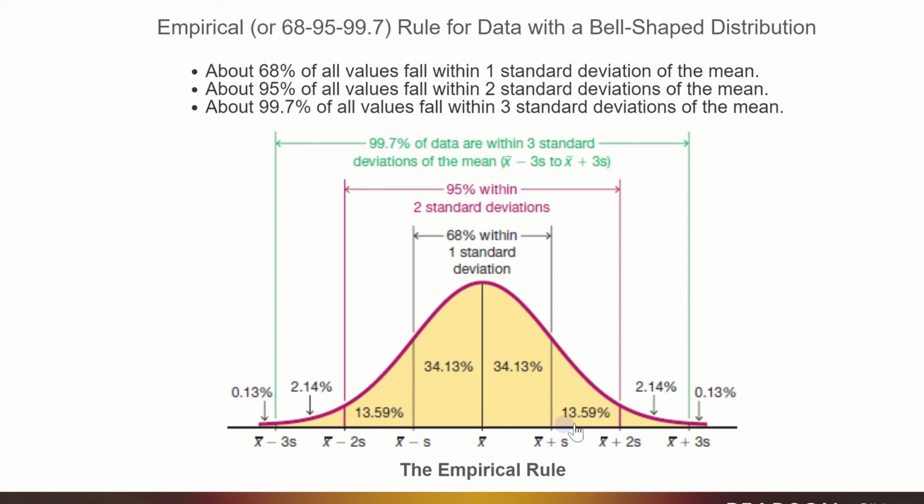If you go two standard deviations to either right or left, within that zone, you'll capture 95% of the observations. And three standard deviations away, you will capture 99.7%. Basically all of the data, almost, right? Except for a few outliers, right?